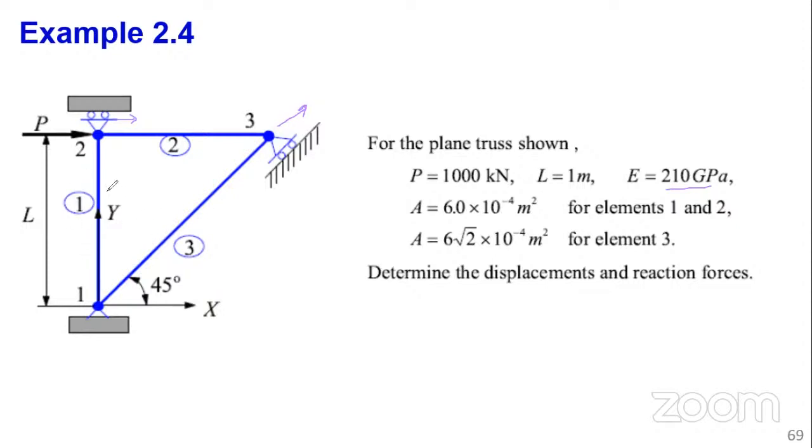Remember, another thing you have to notice is that for this example, we already have discretized our structure. So that's why you see the nodes are defined for you and the elements are indicated. But if you have to solve this and you're told to solve using the matrix method of structure, which is the same as the finite element method, you don't have to have these elements shown or indicated.